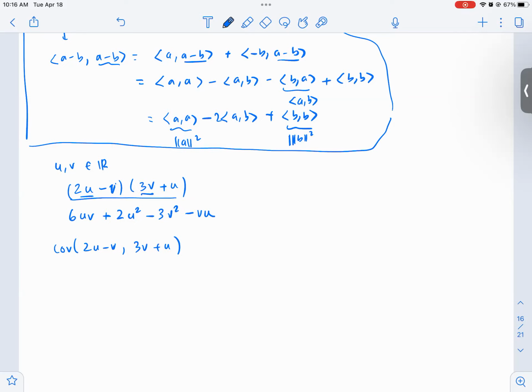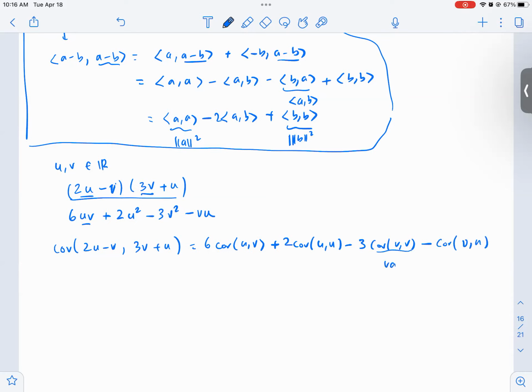Do this for yourself, and then replace these with covariances. So you get 6 covariance of uv plus 2 covariance of uu minus 3 covariance of vv minus covariance of vu.